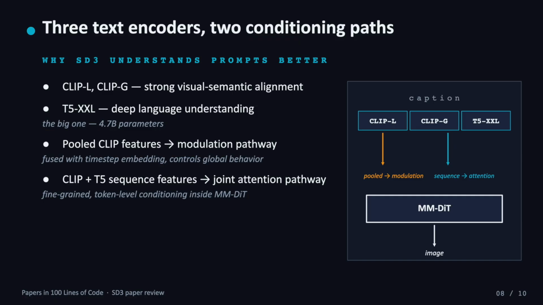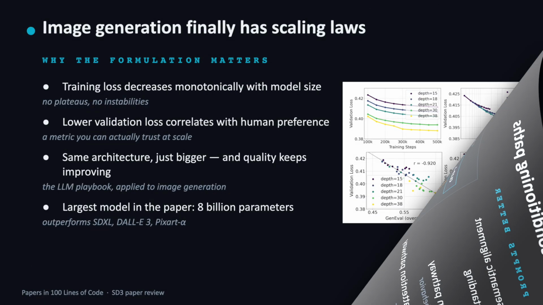The pooled CLIP features fuse with the time step embedding and feed into the modulation pathway. This controls global behavior. The full sequence features from CLIP plus T5 feed into the joint attention inside the architecture. That's the token level conditioning. 2 pathways, 2 different jobs. This is a big part of why Stable Diffusion 3 understands prompts so much better than earlier models.